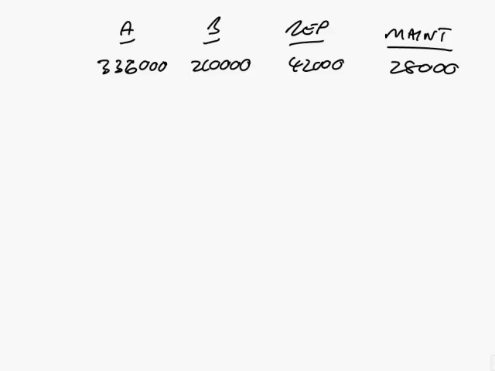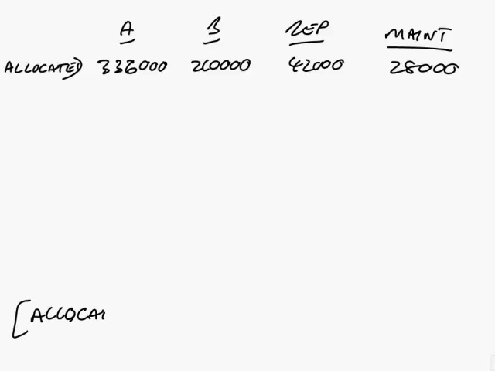If maybe 10,000 of the overheads were a supervisor in Department A, then that's definitely a cost of Department A. You'd give it to Department A, you'd allocate. Okay?